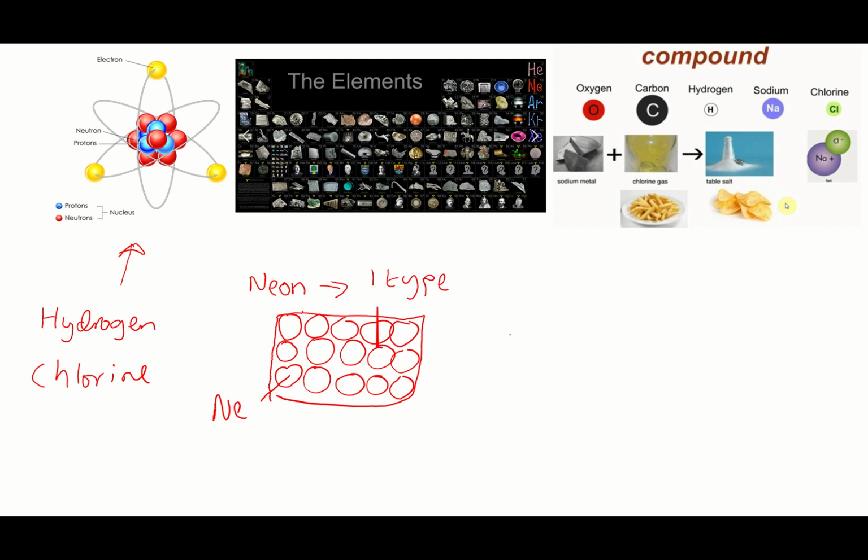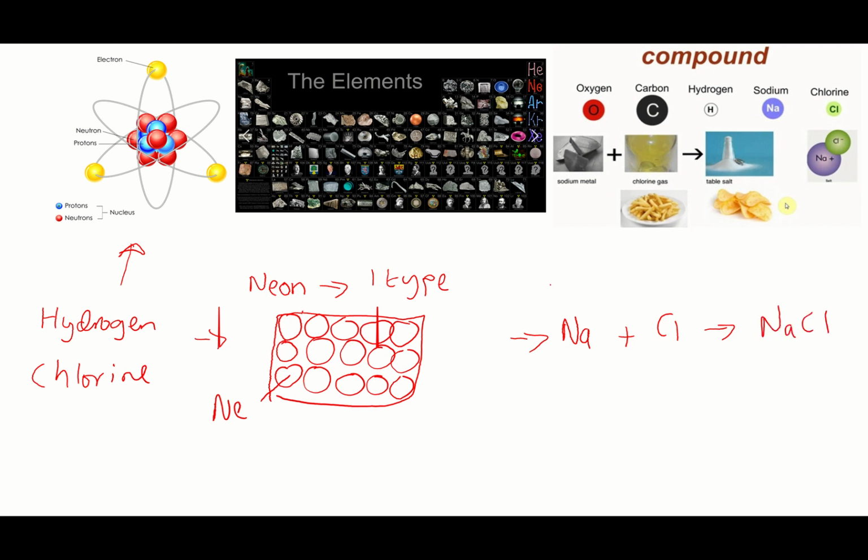Now moving on to compounds. You can see here the example given is sodium, which is Na, group 1. It's a metal, and if we add chlorine, we are producing sodium chloride.